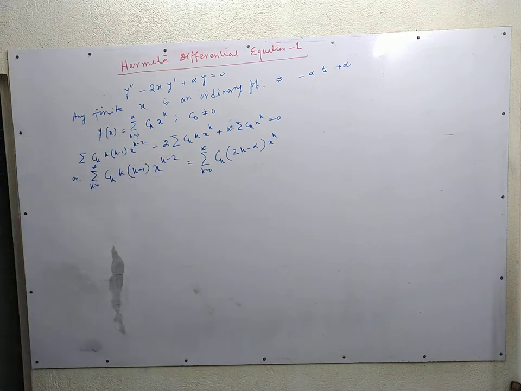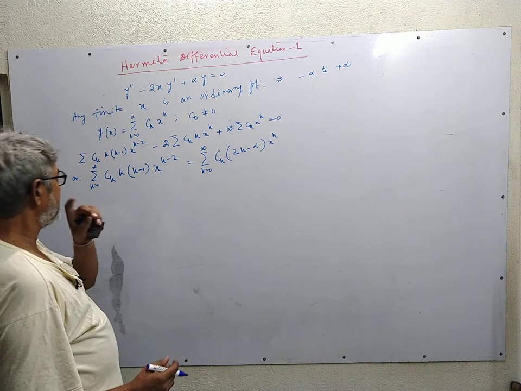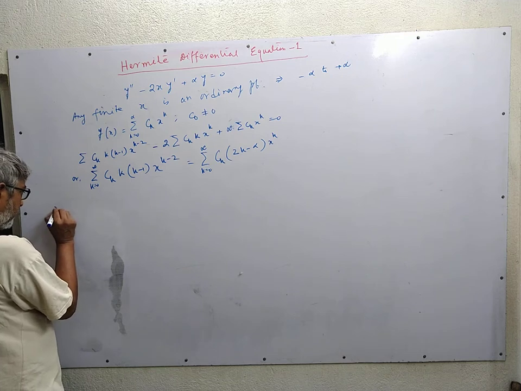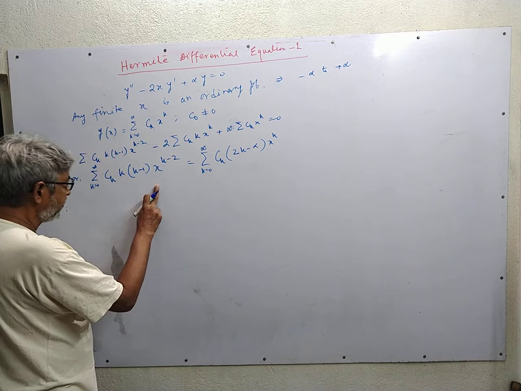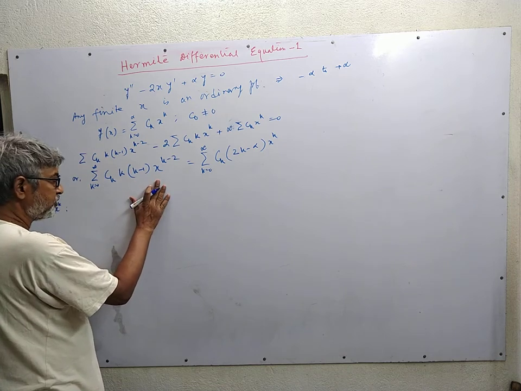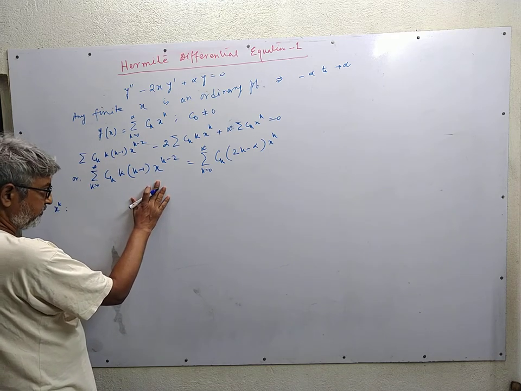The recursion relation is obtained by equating the coefficient of x to the power k on either side of this. Since this is an identity, this relation will be valid for every value of x.